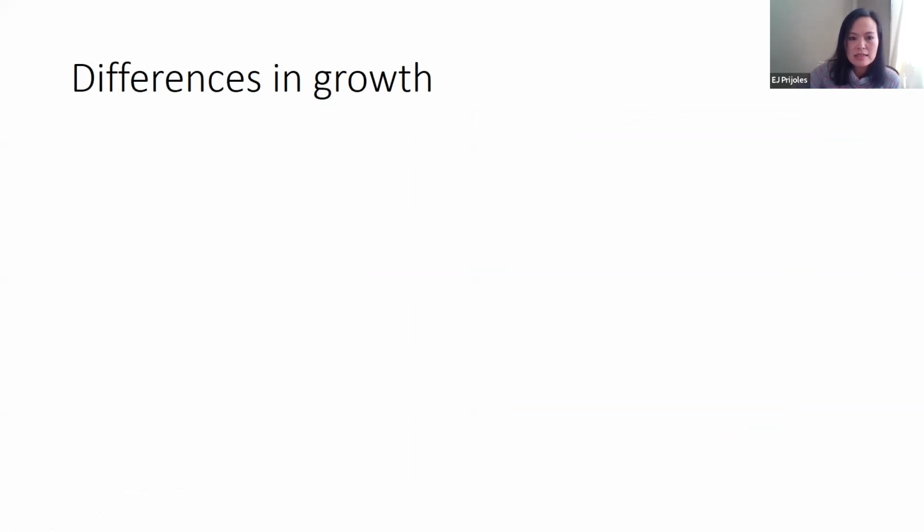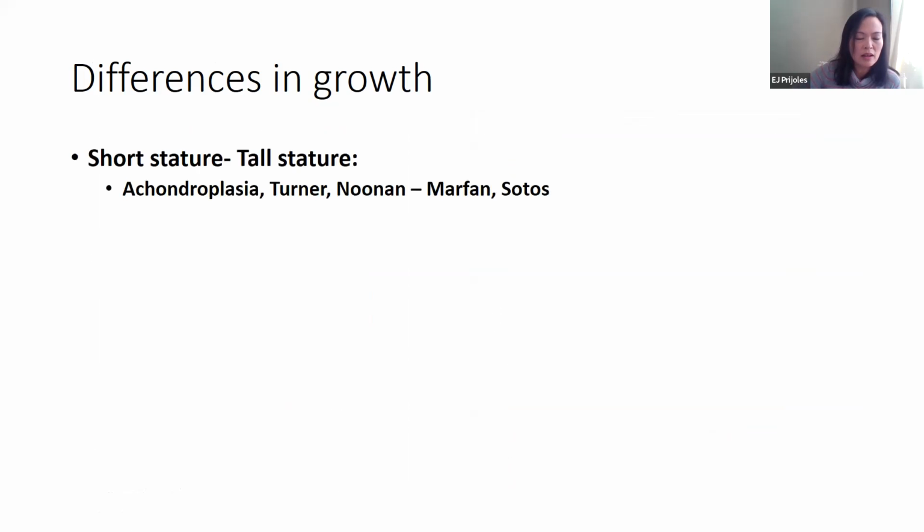So there are differences in growth that can include whether individuals are short in stature or tall in stature, and conditions that you might think of can include Achondroplasia, Turner syndrome, and Noonan syndrome for those with short stature. And then those that are taller, some of the more common genetic syndromes one might think of are Marfan syndrome or Sotos syndrome.